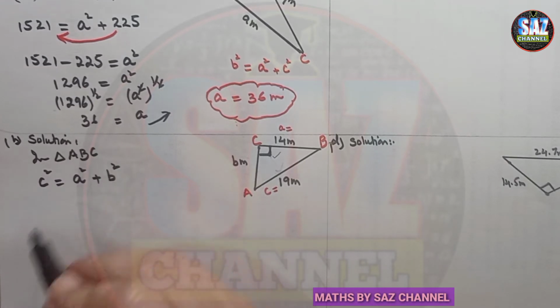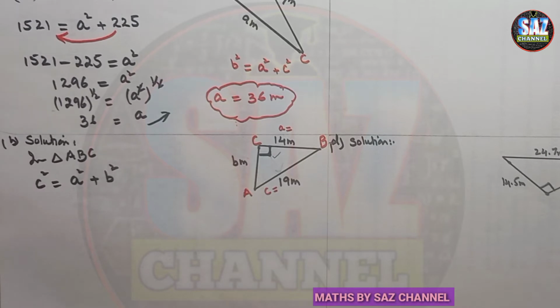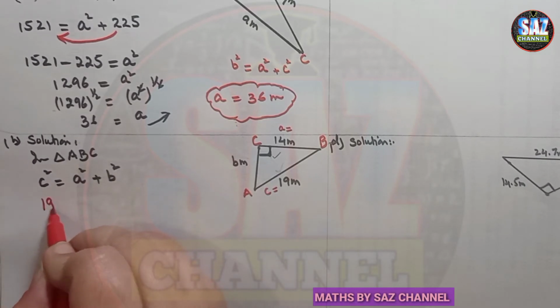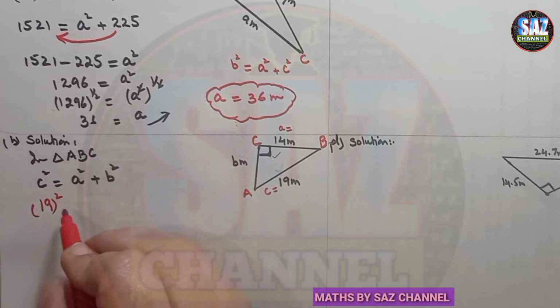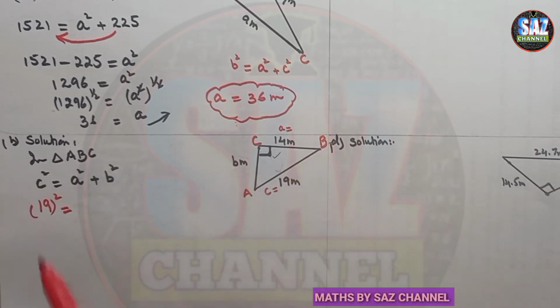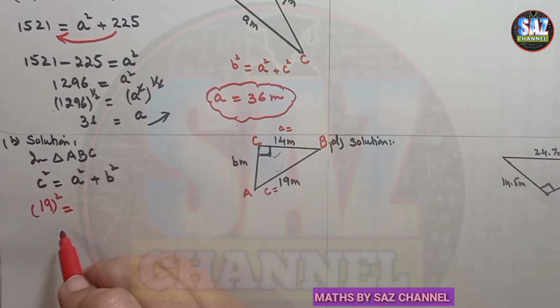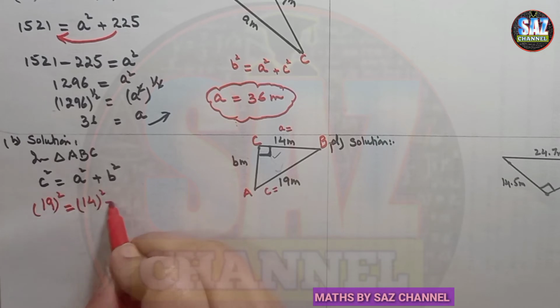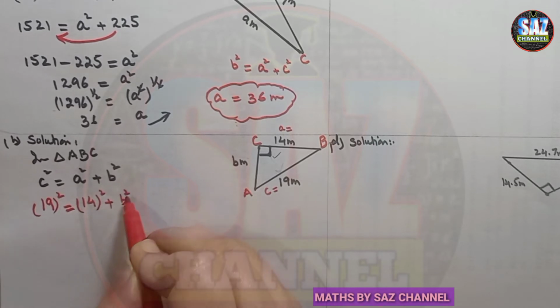Now you just have to replace the values in the formula. C is given 19, so I have to write 19 square. Then I have to mark B as it is, and instead of A, I have to write 14 square plus B square.